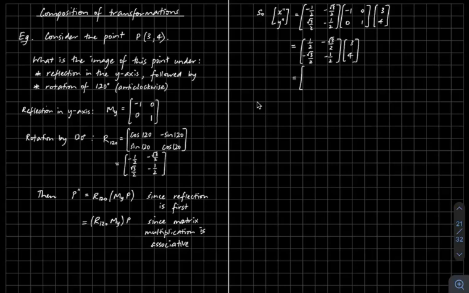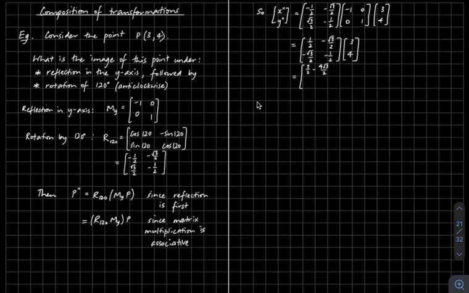So what I'm going to get, 3 over 2 minus, well, let's leave it over 2, because then we can probably write it a bit more neatly. It's a bit hard to see, that's a 3. So that's the x coordinate of the image point, and then multiplying the second row, we're going to get negative 3 root 3 over 2 minus 4 over 2.